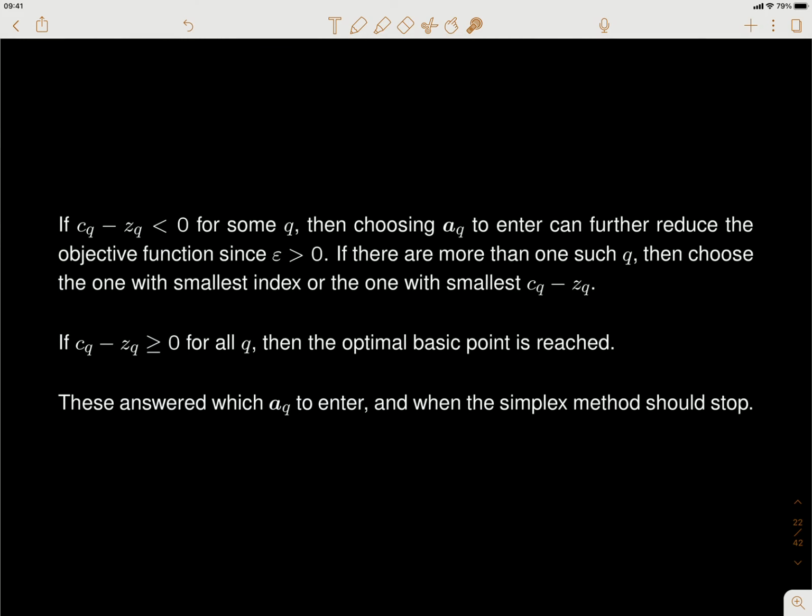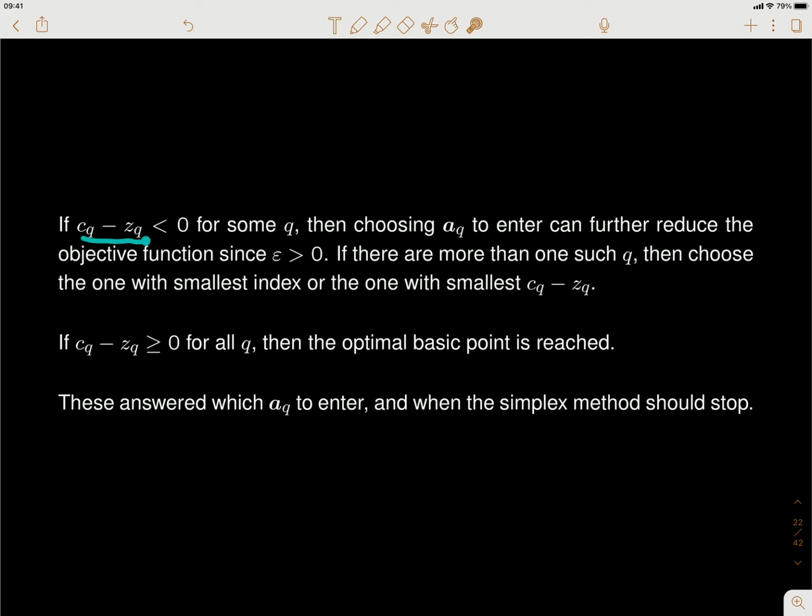So we're going to decrease the function value. Once this is negative, we can let aq enter the set of basic columns and replace the ap by this aq, and we can further decrease the function value. If there are multiple negative values here, we just choose the q that is the most negative one, the smallest value of cq minus zq.